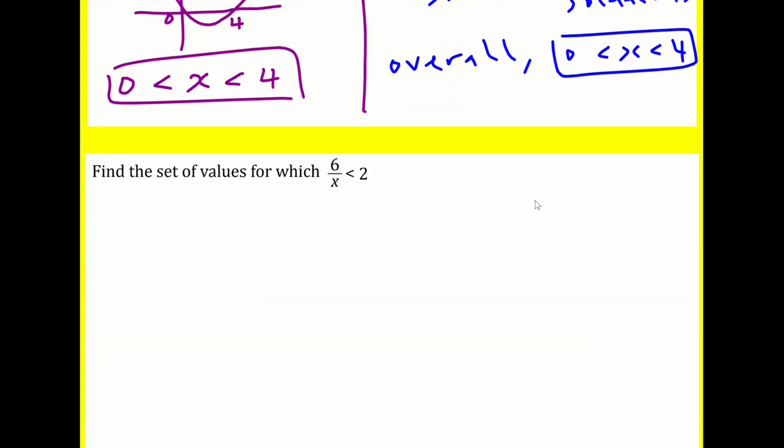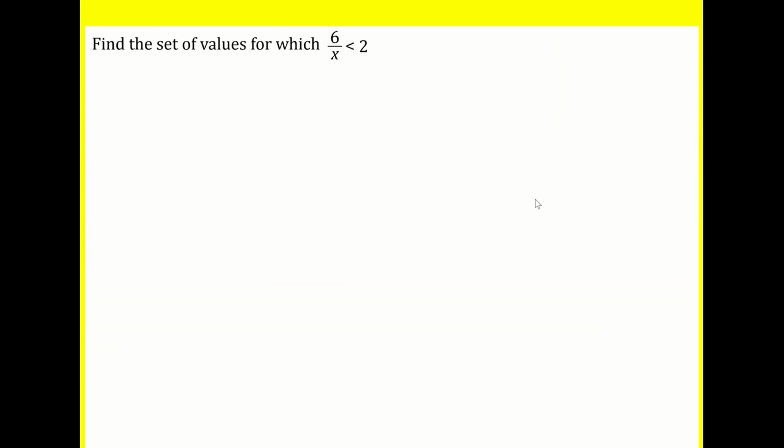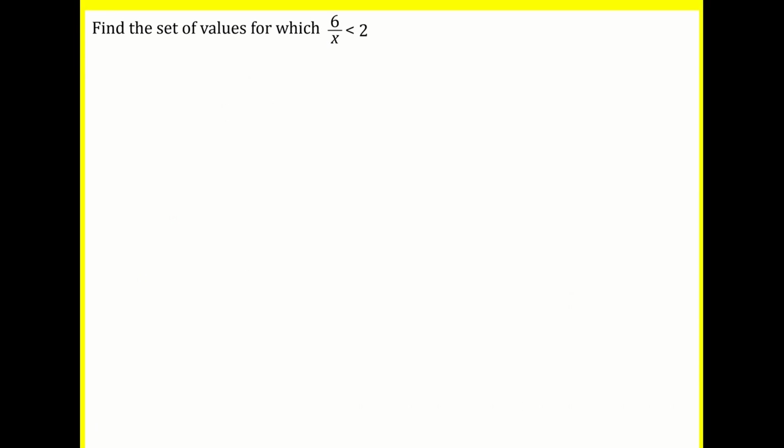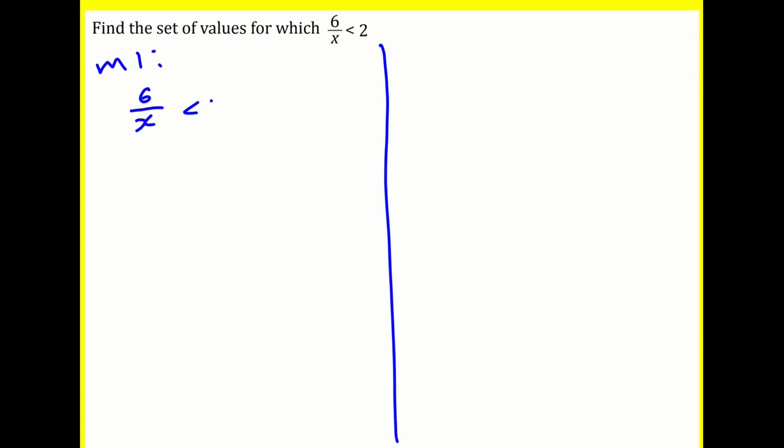Let's take a look at another question. So I'd like you to try this one out, using an algebraic method, actually using both methods that I've shown you. So method 1, times through not by x, but by x squared.